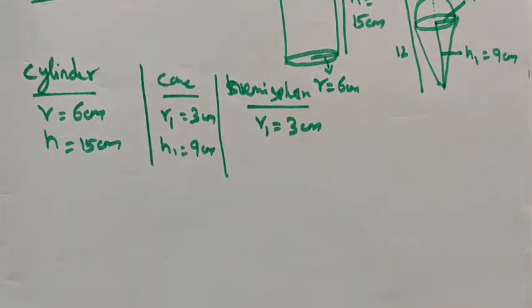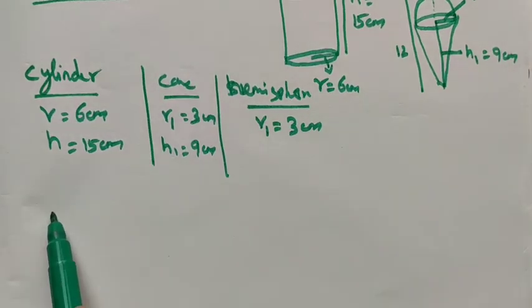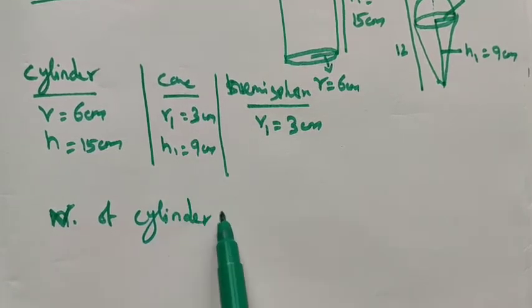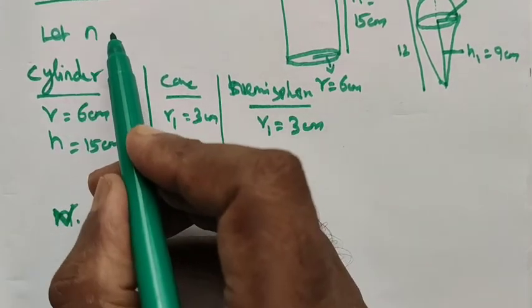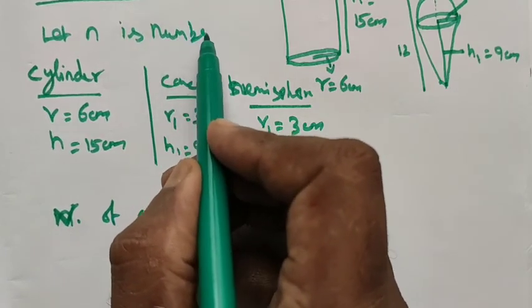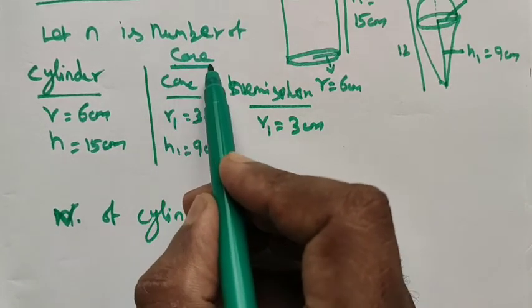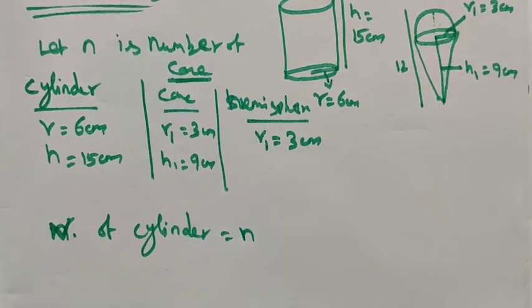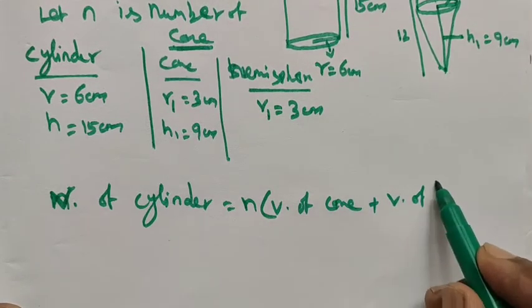Let n be the number of ice cream cones; here the cone means the cone and the hemisphere together, right?